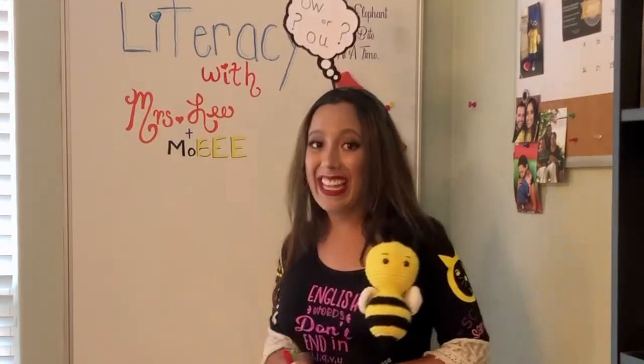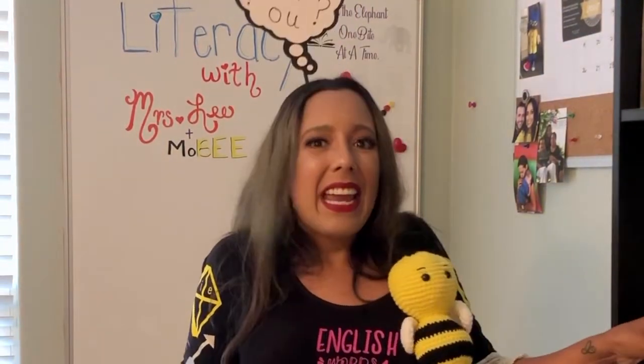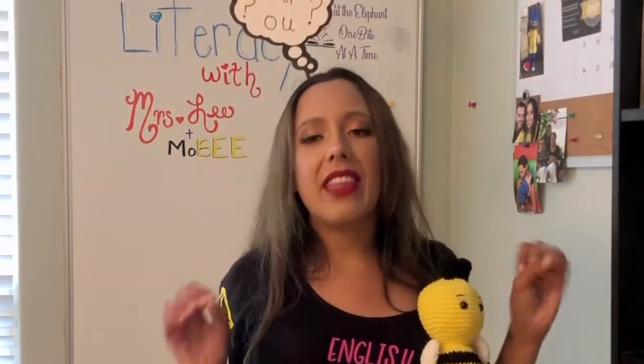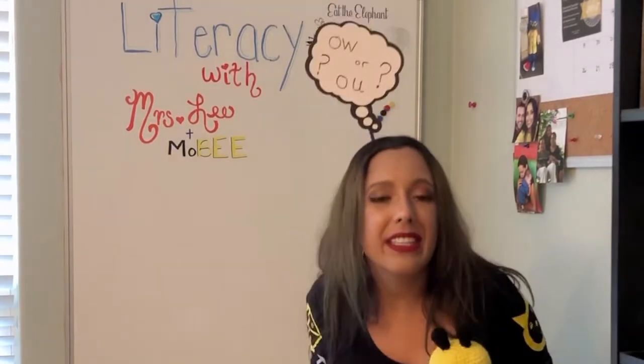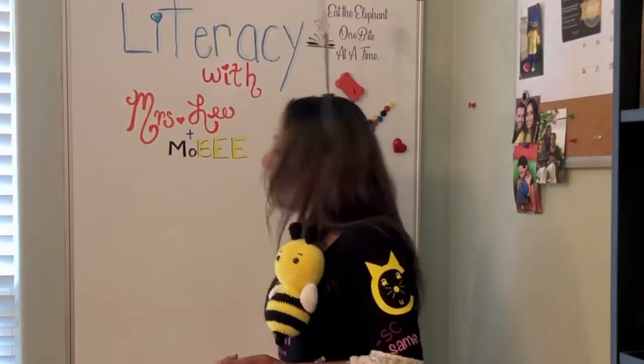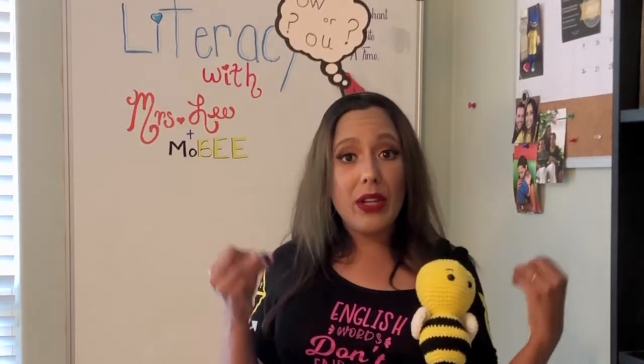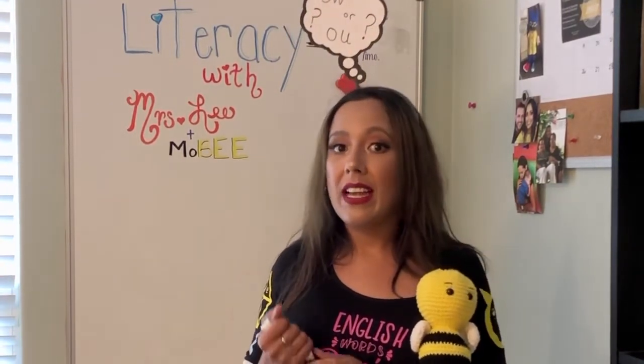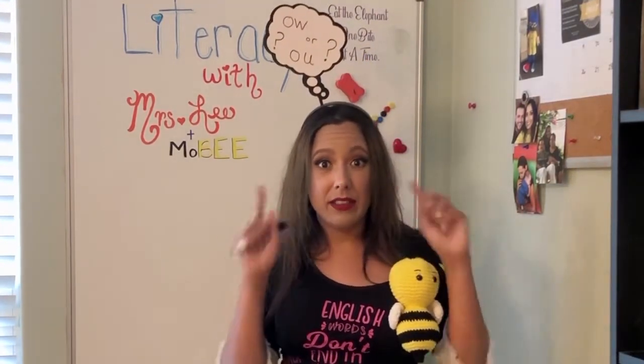But wait, there's more. English would not be that much fun learning if we didn't have a little bit of spelling differences, may I say? Or exceptions to the rule. Now, O-U, that ow sound, has an exception. So listen to me.